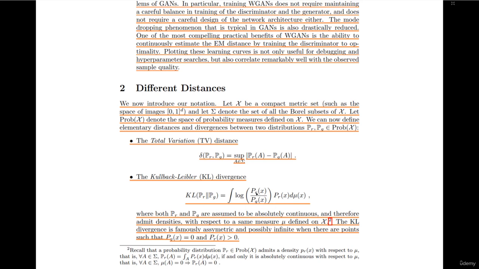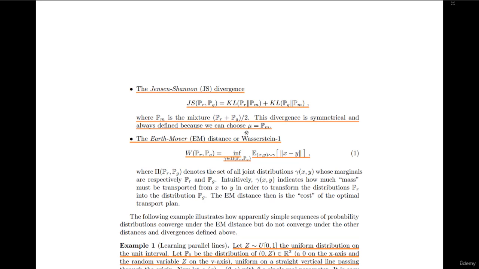But this wasn't actually used in the GANs. What was used in the GANs was the Jensen-Shannon divergence, which was used to represent the optimization problem in the discriminator for the GAN.